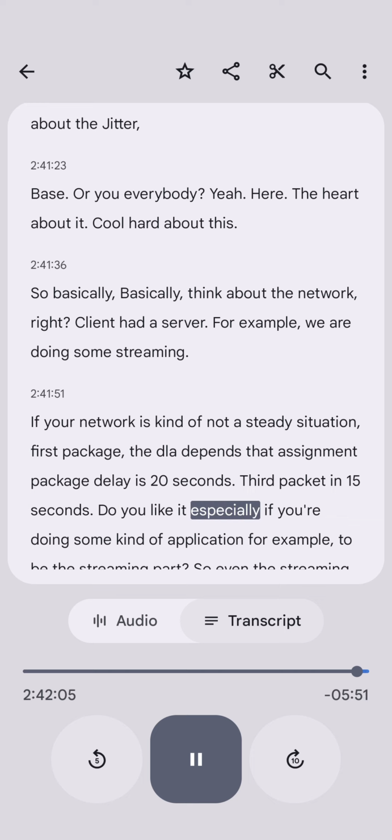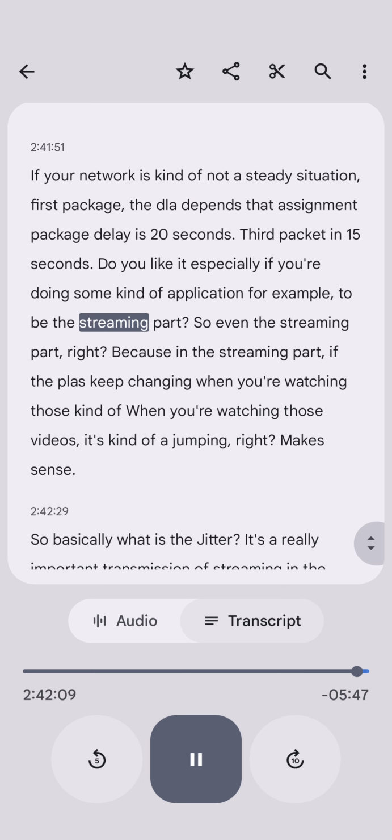Do you like it? Especially if you're doing some kind of application, for example, streaming. Some of them do not like loss, even the streaming part, right? If the delays keep changing, when you're watching those videos, it's kind of jumping, right? Make sense? Do you like it?